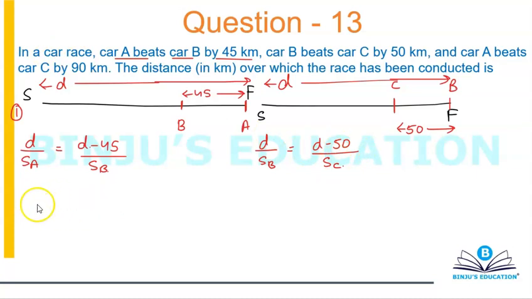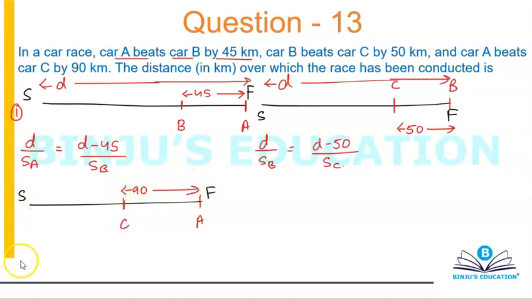And my third scenario will be, this is start, this is finish. When A finished the race, then C was 90 kilometers behind. So D divided by SA should be equal to (D minus 90) divided by SC.